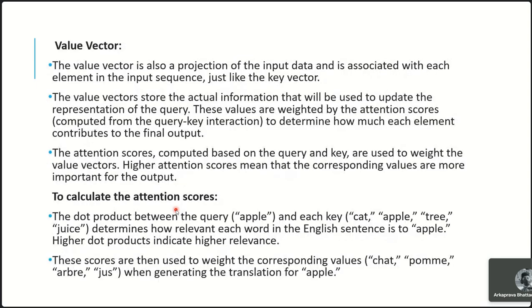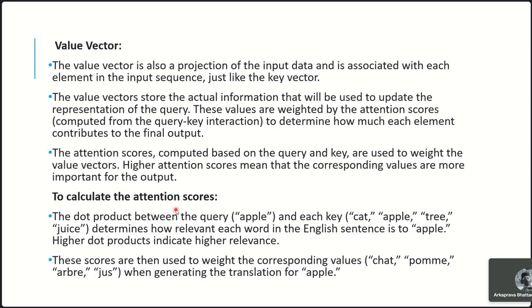Next, and the last one is the value vector. Value vector क्या करता है? The value vector is a projection of the input data and is associated with each element in the input sequence. And the value vectors store the actual information that will be used to update the representation of the query.